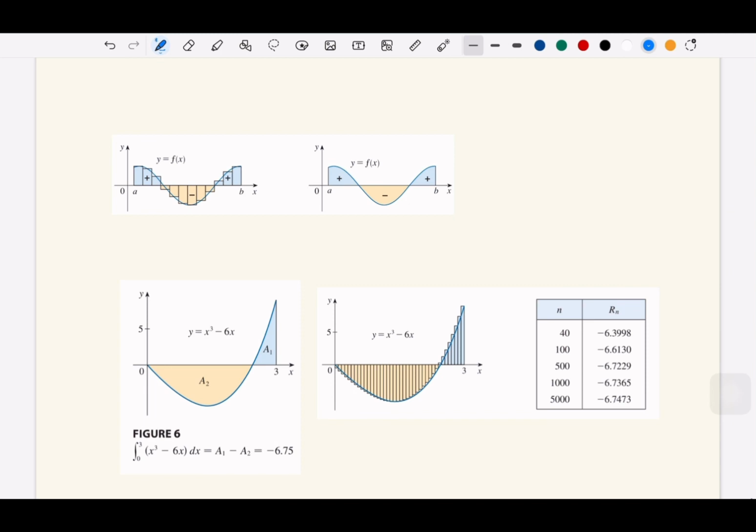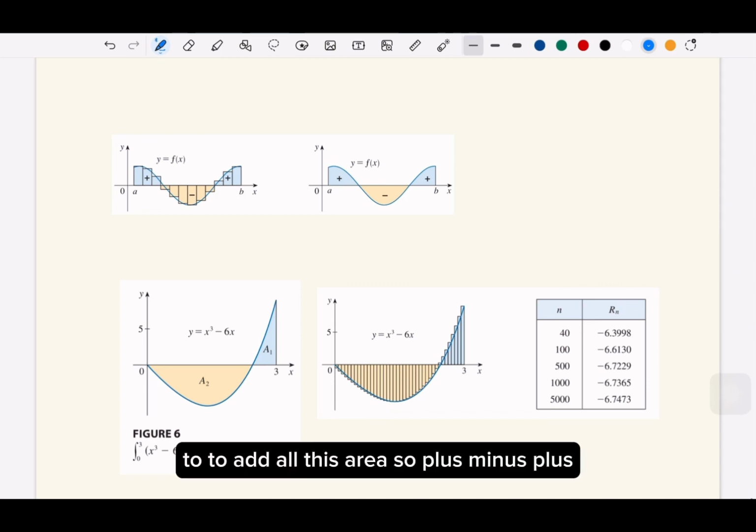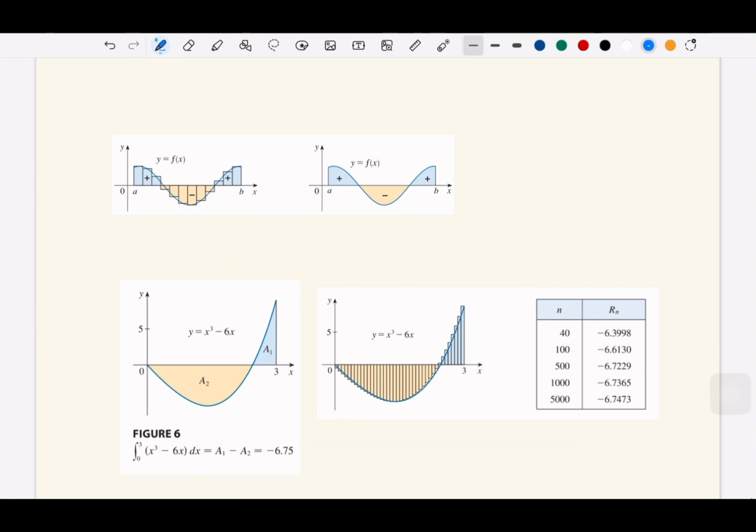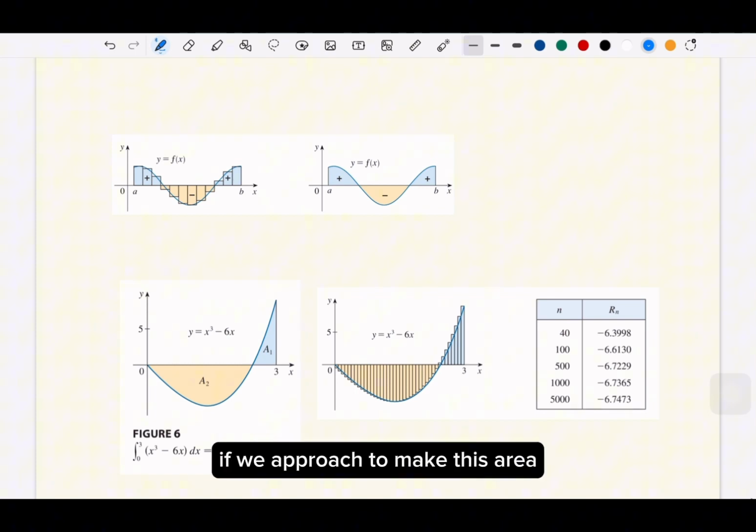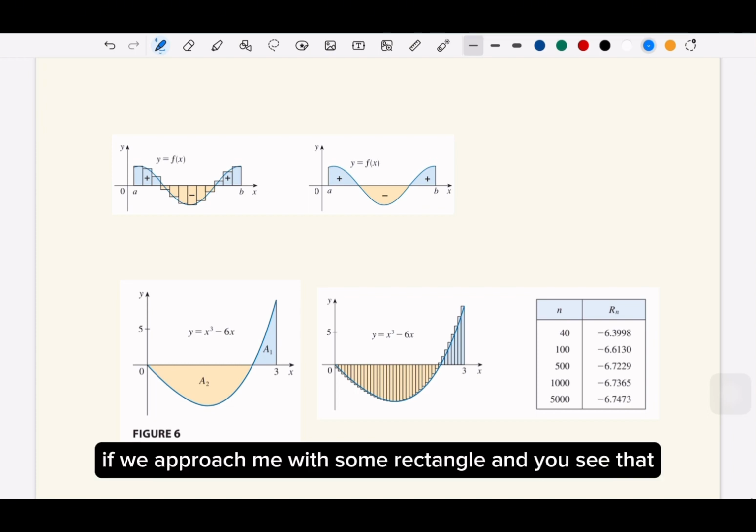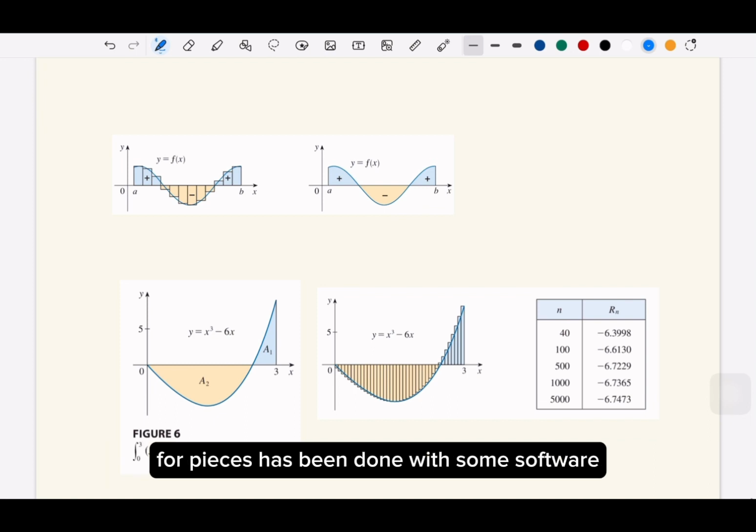And we are going to add all these areas: plus, minus, plus. And if we approximate this area with some rectangles, of course, this has been done with some software.